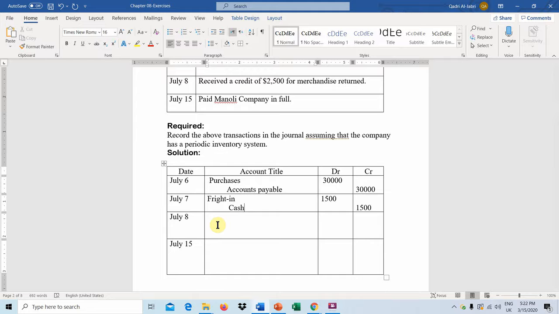Now the third transaction is related to purchase returns. We made a purchase return of 2,500.